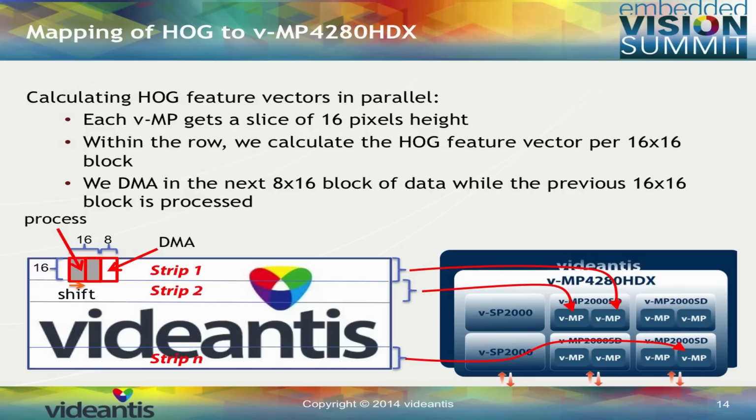The way we do it is we look at the input image and split it up into rows of 16 pixels high, and within this row we calculate the HOG feature vector per 16 by 16 block, and we slide these blocks while DMAing in data. So you DMA in your data and you slide the block over into your processing. It's kind of a double buffering, to make sure you're pulling in this data in the background and your processor isn't waiting for data.